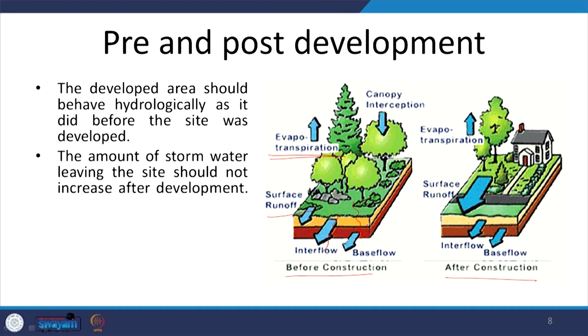However, if we look at the after-construction scenario, we see that the volume of surface runoff has substantially increased because the vegetation is not there as much. The surface type allows more water to run off, and there is less in the base flow and largely interflow. So, this is not a good scenario.